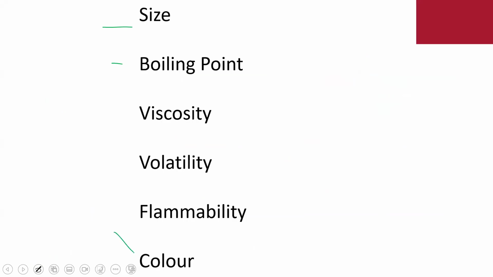Now, the only other one I didn't have on there was color. The longer the chain, the darker the color. The shorter the chain, the lighter the color. Think about petrol. Petrol has got a slight yellow tint to it. Short chain, few intermolecular bonds. Bitumen, long chain, very dark. Okay, all about the numbers of intermolecular bonds.